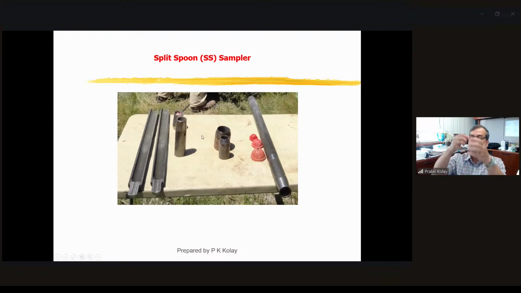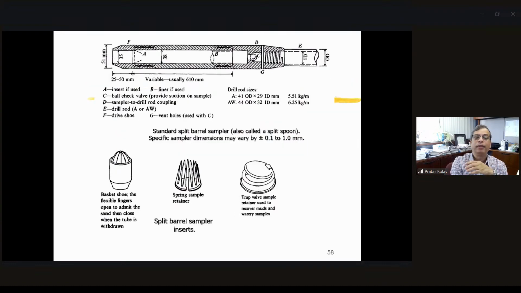Most of the time when you push it, this will just open up, and when the sample is inside, it is closed. So when you lift it up, the sample will not fall. That is the core catcher, and then you can collect the soil sample from there. As I mentioned, it opens up and then it can hold the sample.